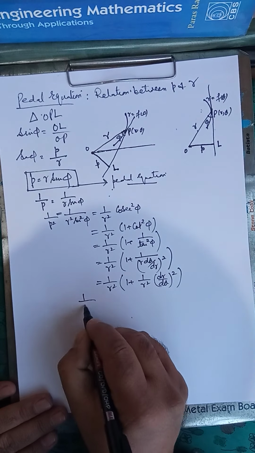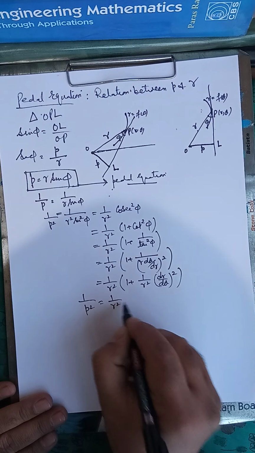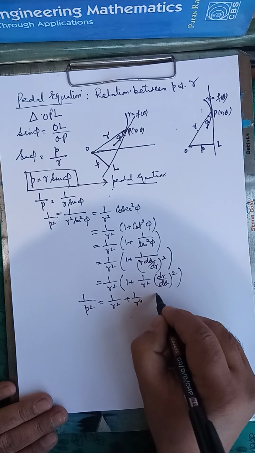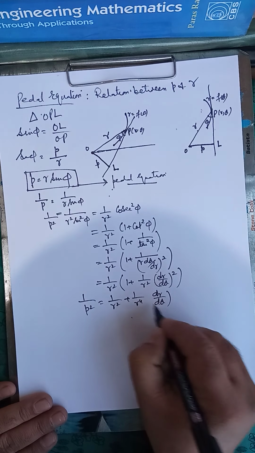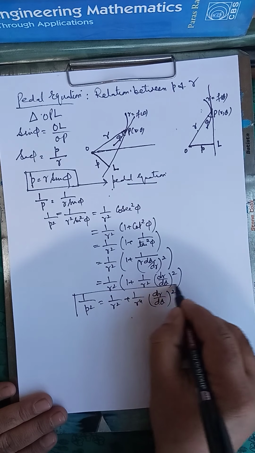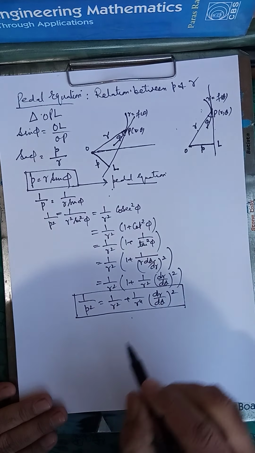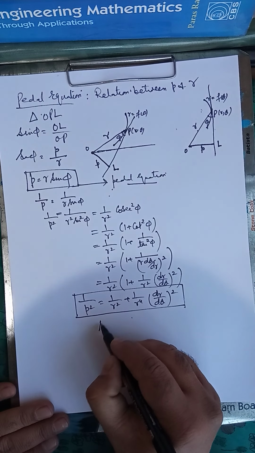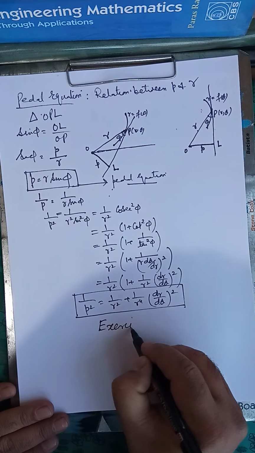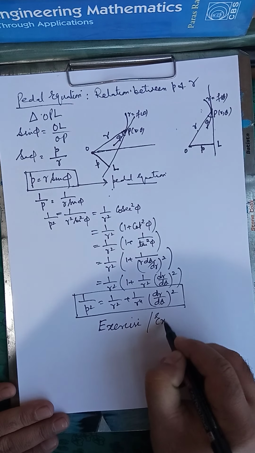Or 1 by p square is 1 upon r square plus 1 by r to the fourth (dr by d theta) whole square. This is again a pedal equation, a relation between p and r. Fine. Let me come to the exercises. Examples.